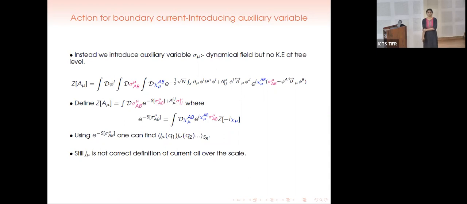But you probably want the action itself to be covariant, right? Probably, or else you will have to put a gauge transformation for sigma and chi.